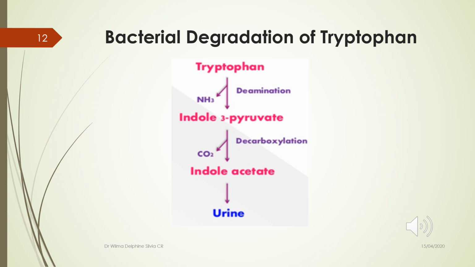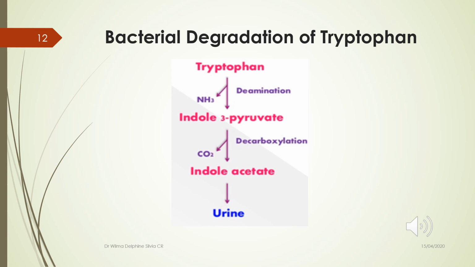5-hydroxy-indole acetic acid from serotonin and indole acetic acid from tryptophan. Indican is the potassium salt of indoxyl sulfate, which is obtained by further reactions of indole acetate to form indoxyl and then indican, so that the normal excretion of indican in urine is 4 to 20 milligrams per day.